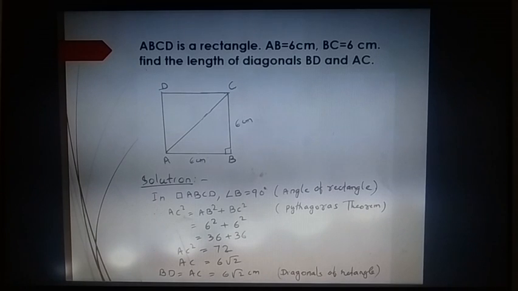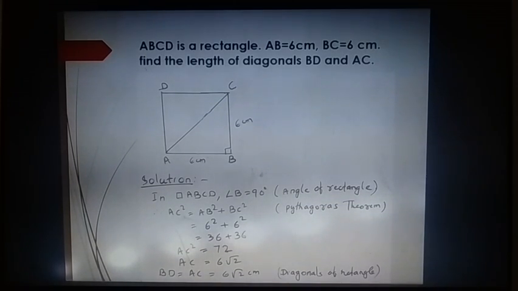Solution: Quadrilateral ABCD is a rectangle, therefore angle B is equal to 90 degrees. So in triangle ABC, angle B is equal to 90 degrees. Applying Pythagoras theorem, AC square is equal to AB square plus BC square.